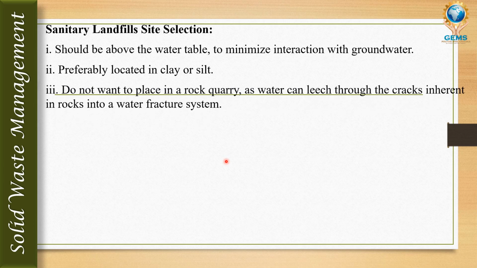Next, we do not want to place it in a rock quarry, as water can leach through the cracks inherent in rocks into a water fracture system. Basically, they will not choose rock quarries. In a quarry, they make big holes, like mining, where they extract minerals from the soil.